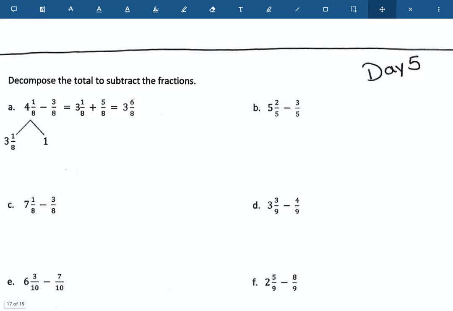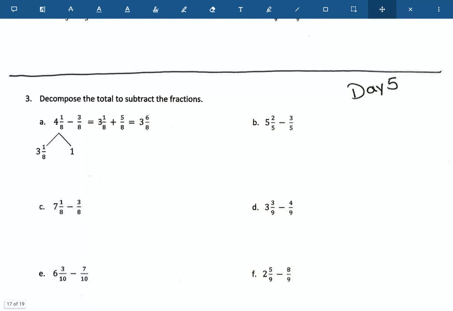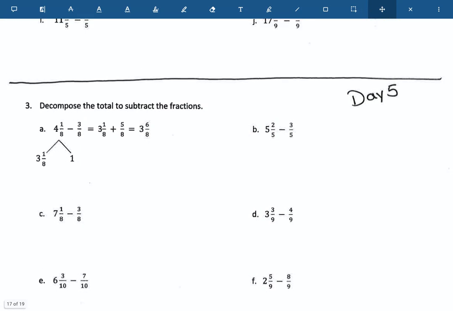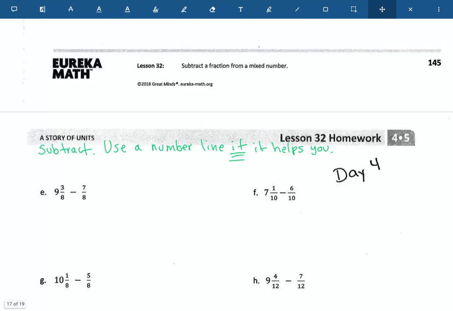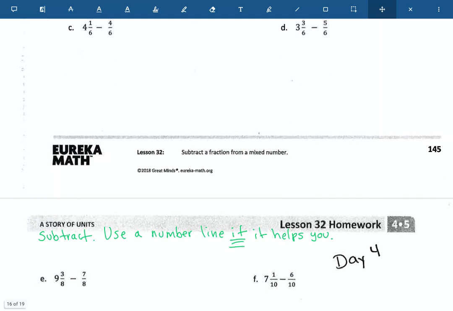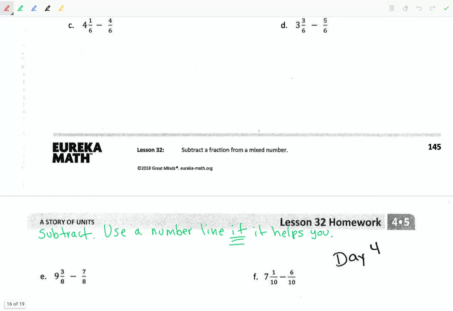And I am going to do a few examples with you. And I want you to notice that this week for day 5, you are working towards the same goal as you were for day 4, which was subtract a fraction from a mixed number.